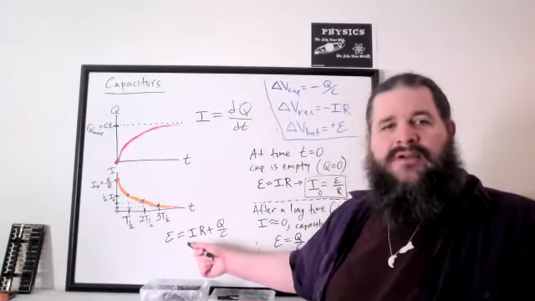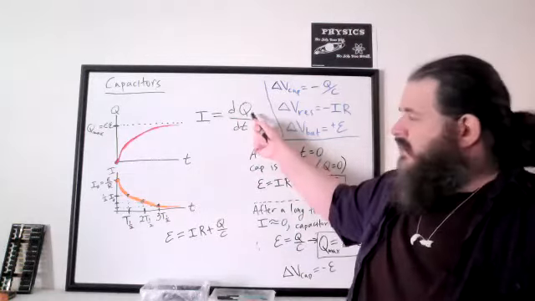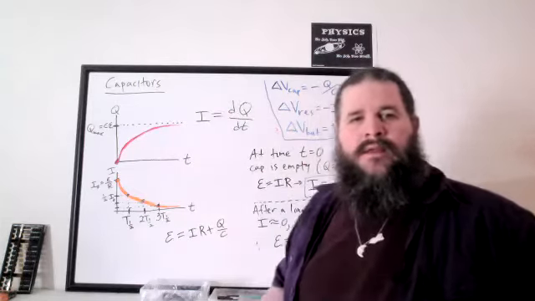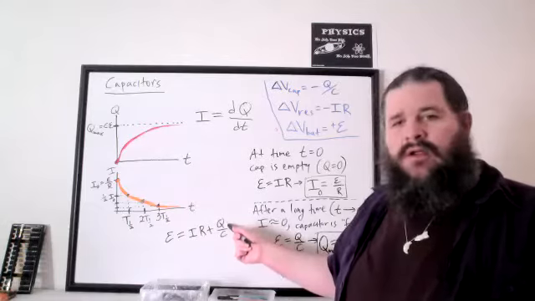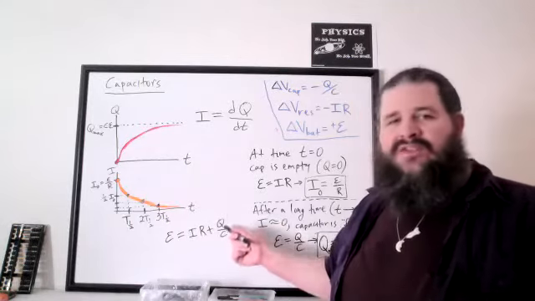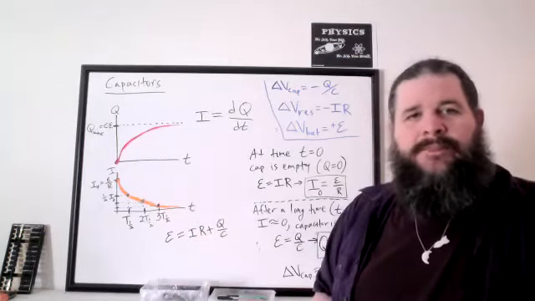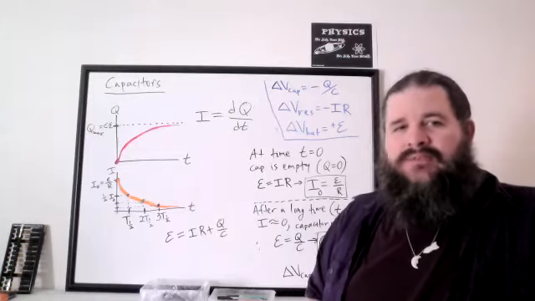So the current's going to be going very, very slowly. But very slow current means the charge is increasing slower and slower and slower. So we're getting just a little tiny bit more charge trickling into the capacitor, meaning the Q over C increases extremely slowly and IR decreases extremely slowly. So it's getting closer and closer. Mathematically, it never reaches the asymptote.